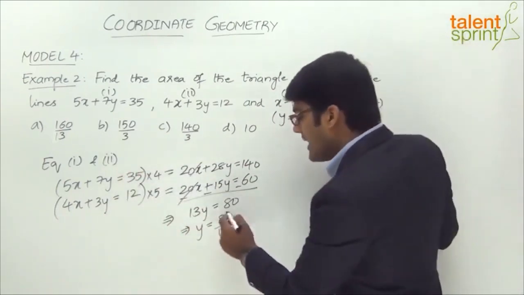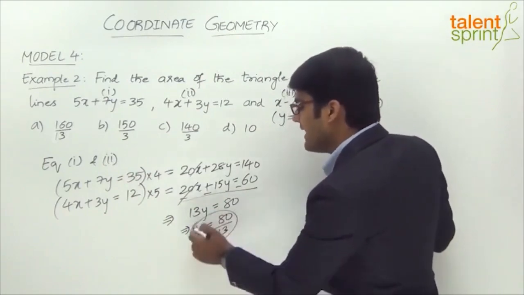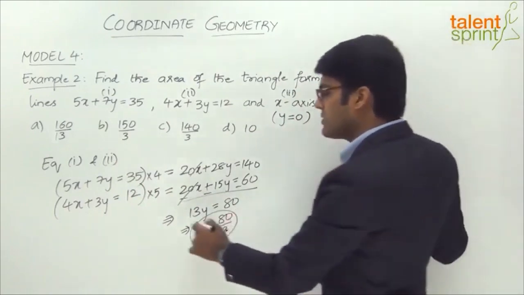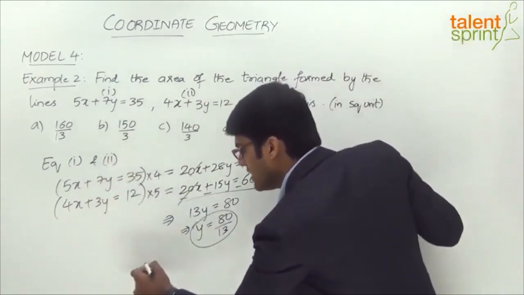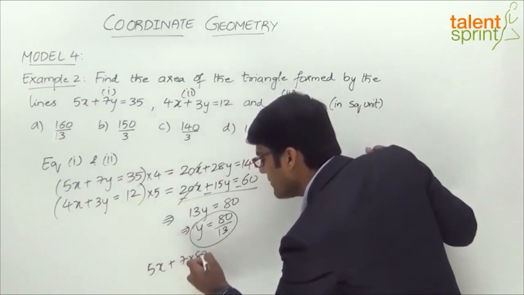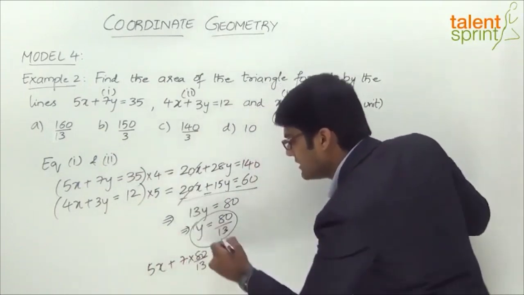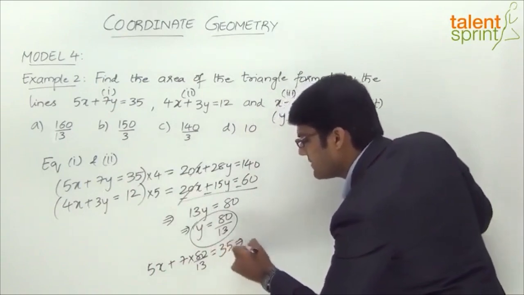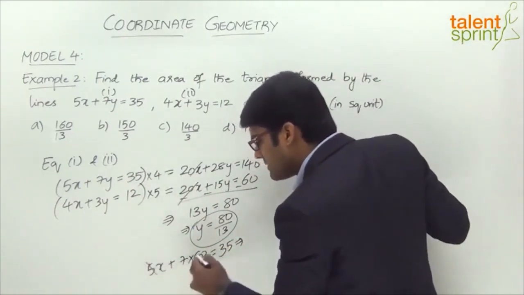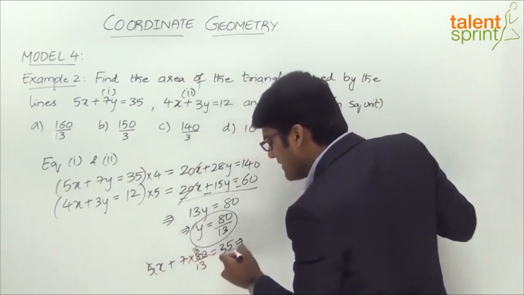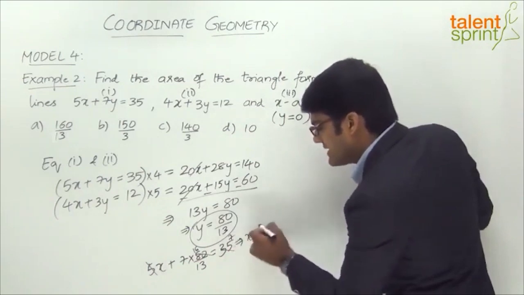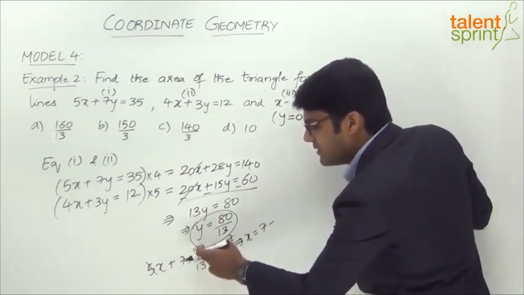Now that we have got y equals 80 by 13, we can substitute this value in any one of the equations and we will get the value of x. Let's substitute in equation number 1. So 5x plus 7 into 80 by 13 equals 35. So x will be equal to 7 minus 7 into 16 by 13.